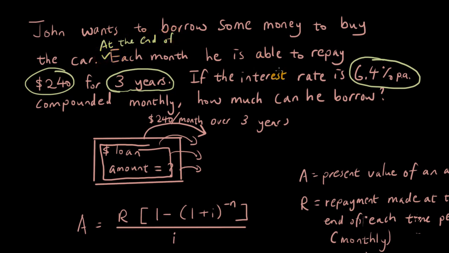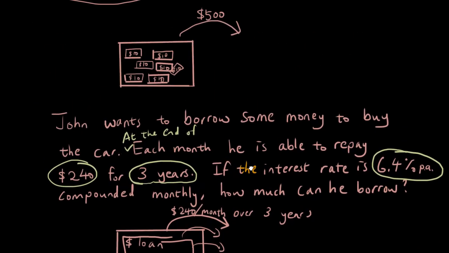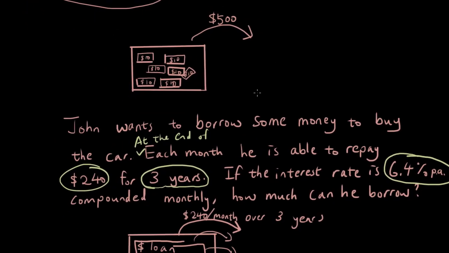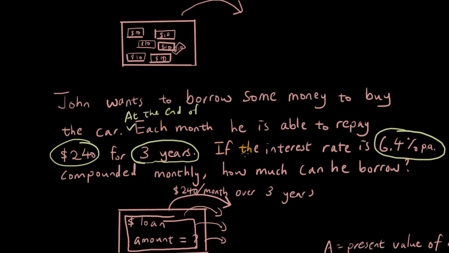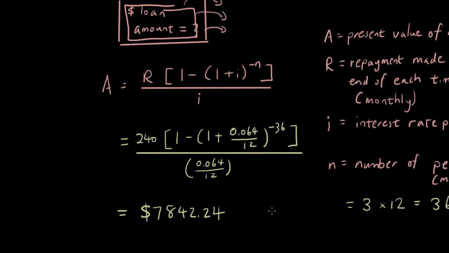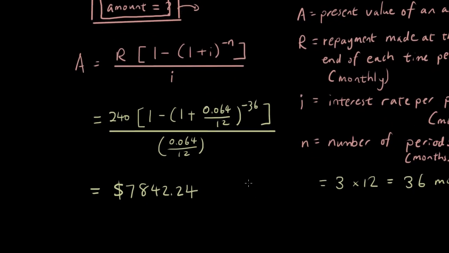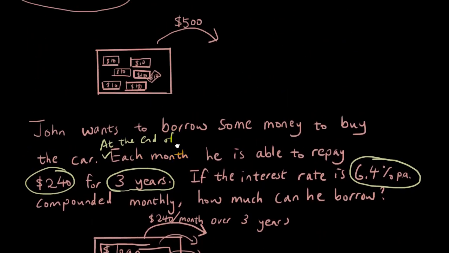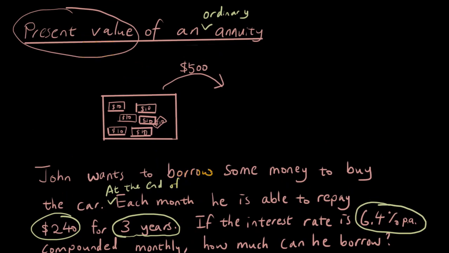And that's why the type of annuity we're dealing with is called an ordinary annuity. Now, if you want to do the repayment at the beginning of each month, then that changes the equation, changes how we calculate things and so on. But typically we assume that the repayment is made at the end of each time period.